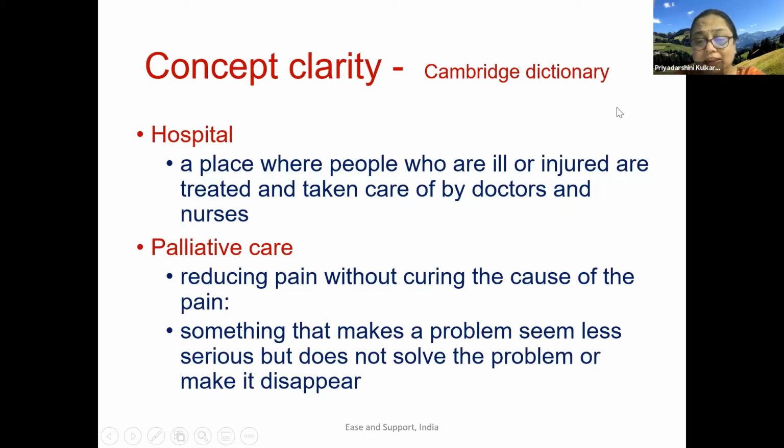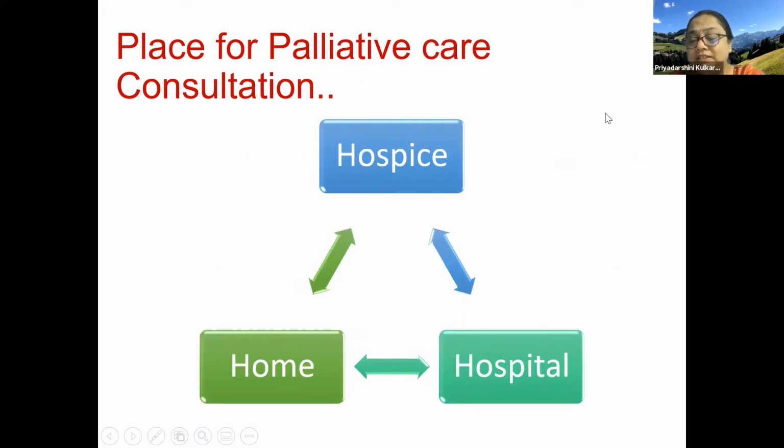I'm not saying that they are wrong, but the other part, something that makes a problem seem less serious but does not solve the problem. The question is, is it really a problem, or are there other problems hidden inside as well?